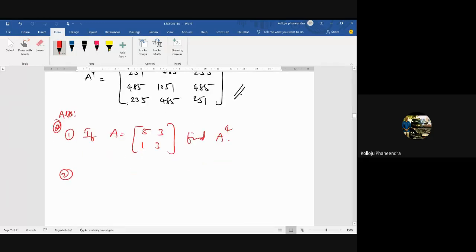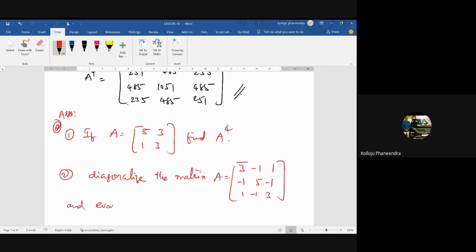Next question, diagonalize the matrix A equal to 3 negative 1 1, negative 1 5 negative 1, 1 negative 1 3, and evaluate A power 4.